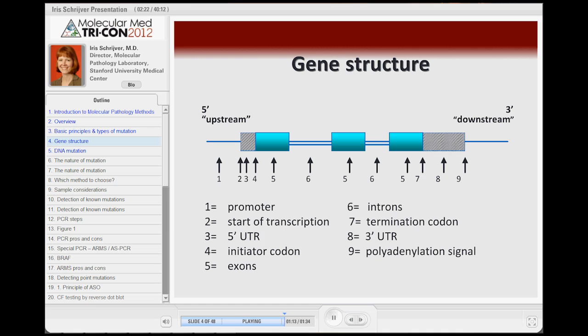And then at the end there is the termination codon, then again a 3' untranslated region, which again is messenger RNA but not transcribed into protein, or translated into protein. And then we have the polyadenylation signal. So those three are the building blocks of a gene.